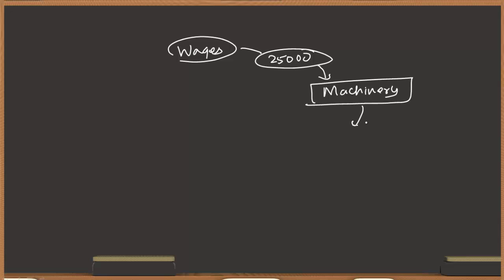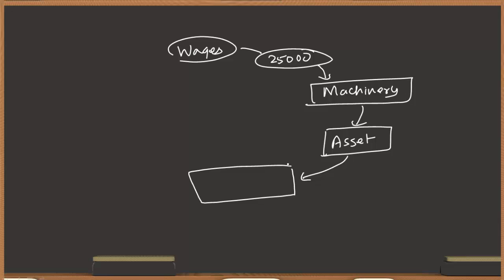Now machinery is an asset, right? Machinery is an asset. So any expenditure incurred on the asset to make it operational will also be considered as part of the machinery cost. So the wages paid 25,000 for machinery for installing that asset should also be treated as part of the asset. So wages need not be accounted separately, rather it can be debited on the machinery.